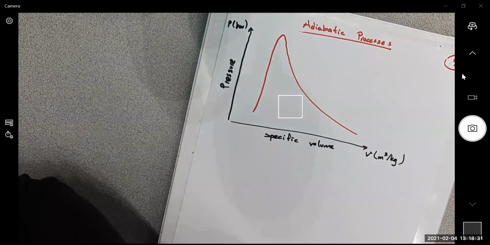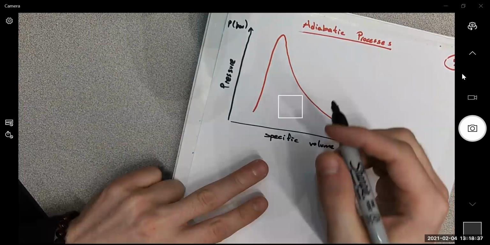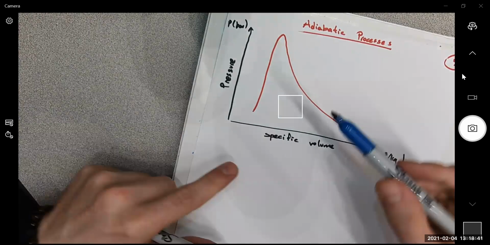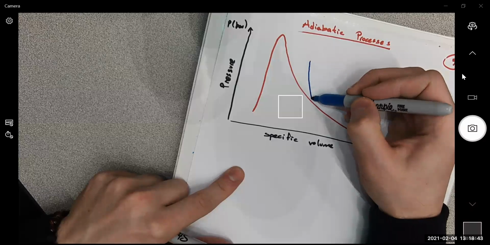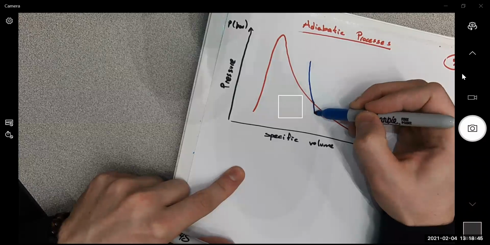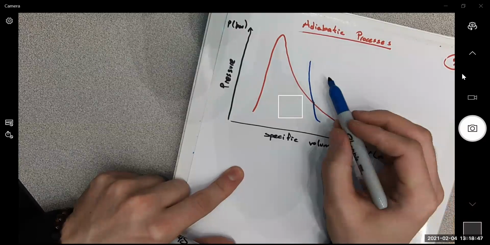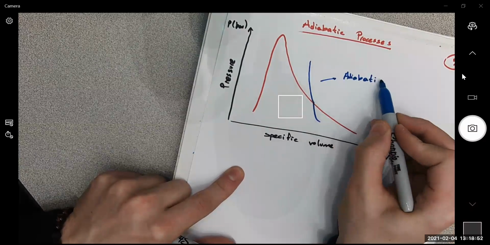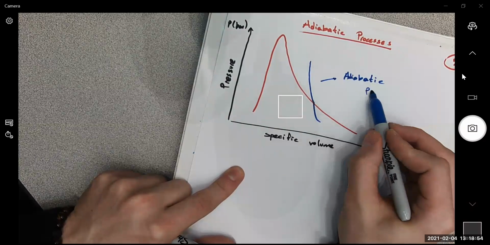It's an insulated system. So in that case, we have a steeper curve, like this. This is the adiabatic process.